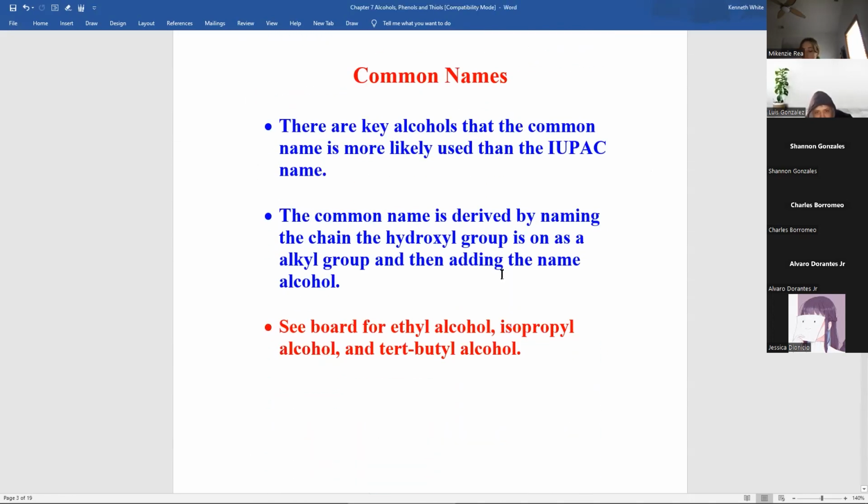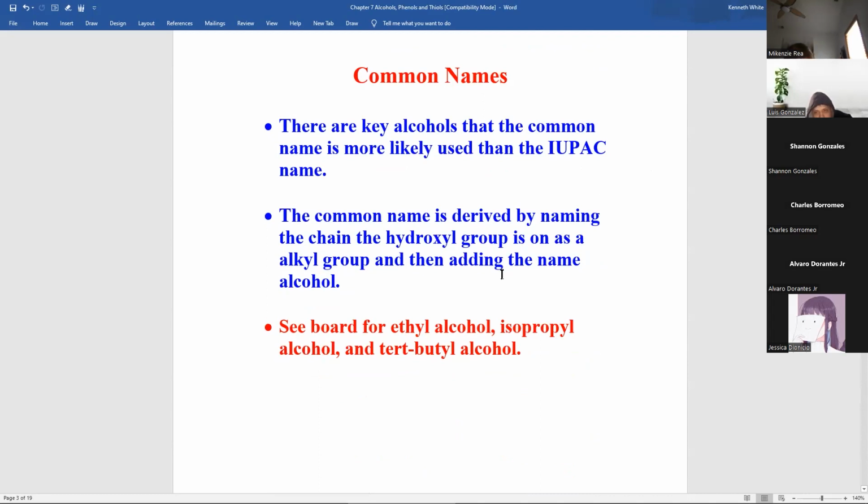Now, alcohols have been around for eons. I don't know who was the first to start making alcoholic beverages, the Egyptians or even earlier, but alcohol has been around for a long time. And they have common names.